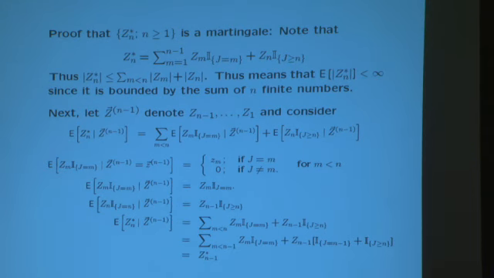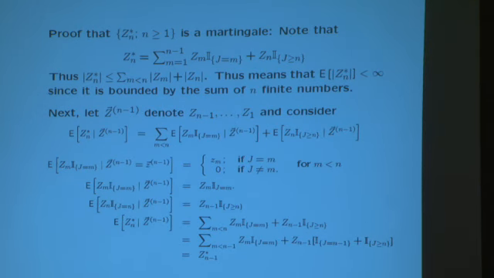So the value of this stopped process at time n is going to be the value at which it is stopped, which is Z_m, when you have this indicator function, which is J equals m.